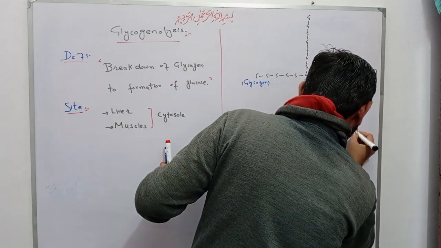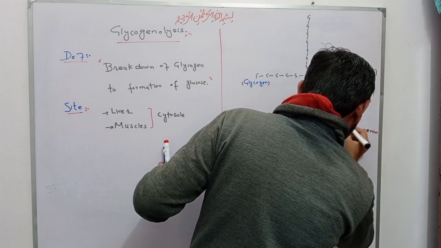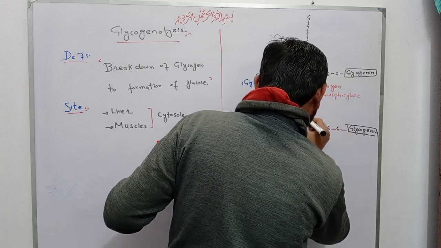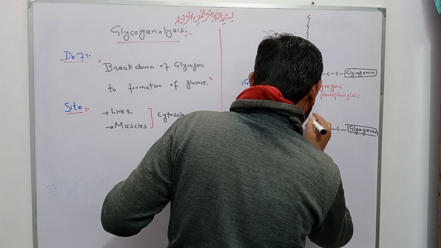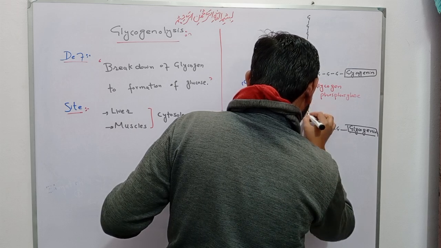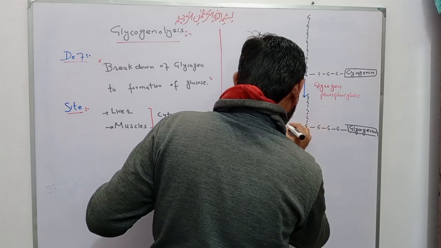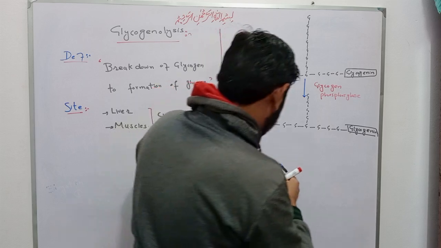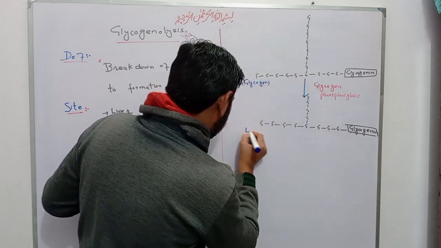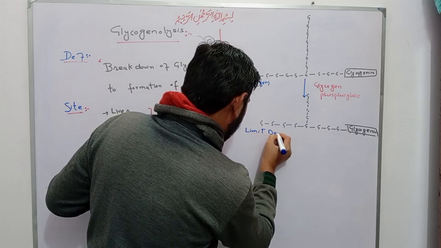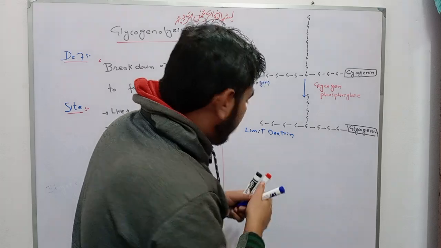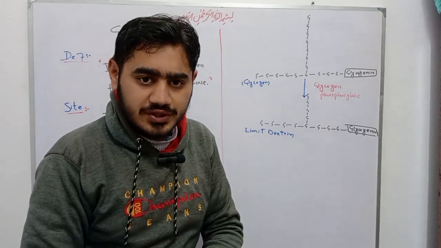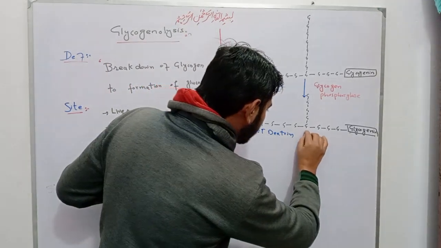This is the formation of limit dextrin. See, a limit dextrin is the partially hydrolyzed form of glycogen.